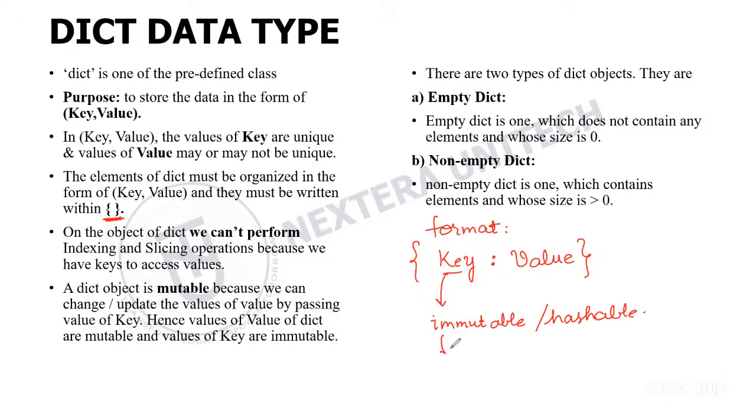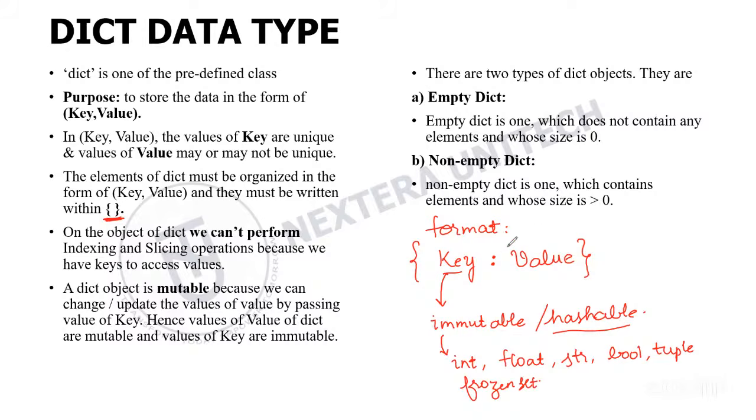The immutable data types are int, float, string, boolean, tuple, and frozenset. So keys can only be int, float, string, boolean, tuple, and frozenset, because only these can be hashable. As these are immutable, we cannot change the values, so we can get the hash value of the key, and there we can store our value.